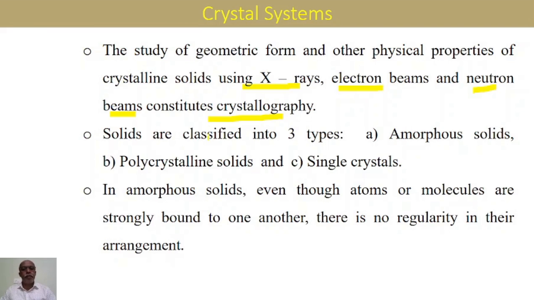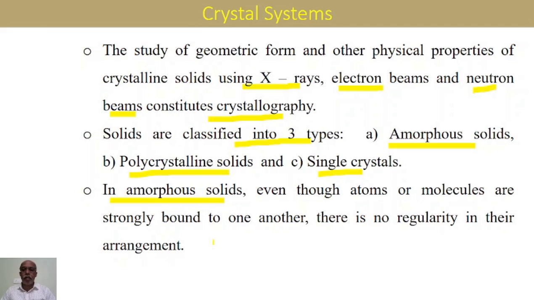The solids are classified into three different categories. One is the amorphous solids, the polycrystalline solids, and the single crystals. In case of the amorphous solids, even though the atoms as well as the molecules are strongly bound to one another, there is no regularity in the arrangement. The atoms as well as the molecules are not regularly arranged.